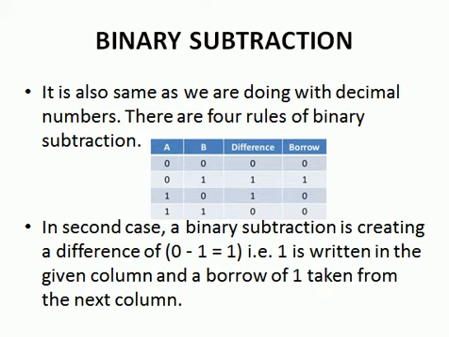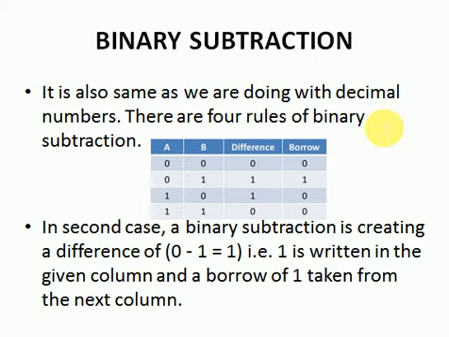So what does the second rule say? If we are subtracting 1 from 0, it is less, so we don't have anything, right? So what will we do?